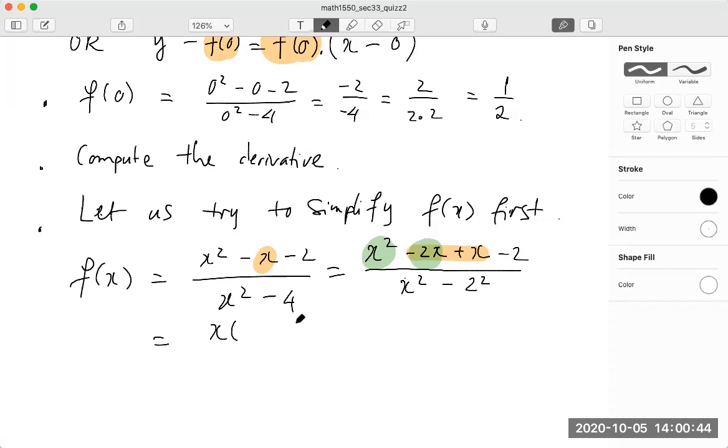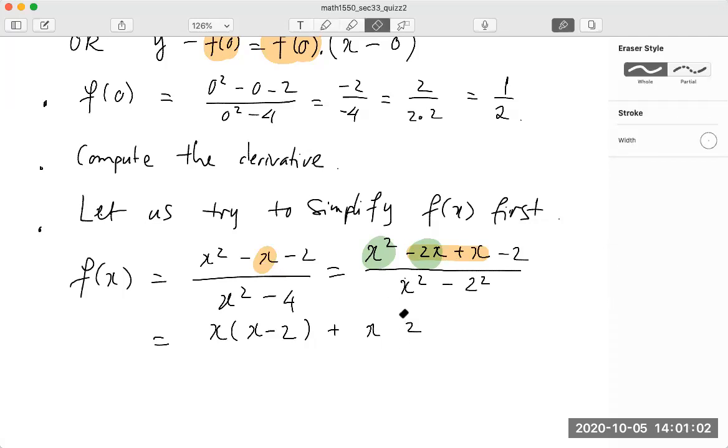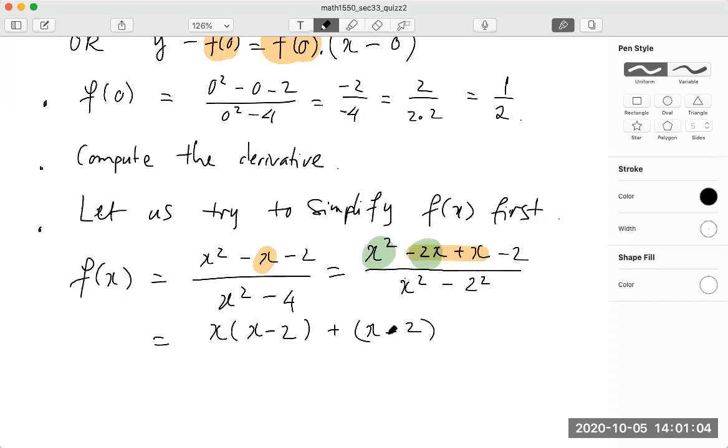If we factor x out, what do we have inside the parentheses here? X minus 2. Very good. And similarly, for the last two terms, we can write it in parentheses.